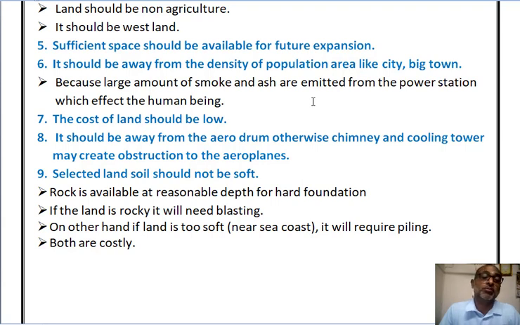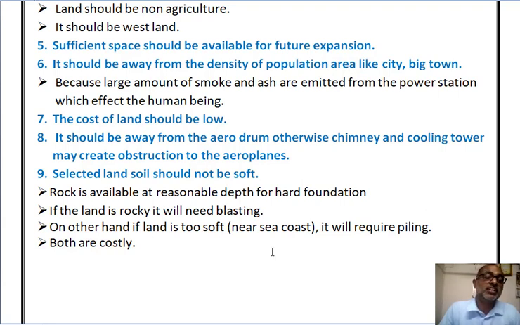It is also most important, because sufficient rock should be available at a reasonable depth for the hard foundation. If the land is rocky, it will require blasting. On the other hand, if the land is too soft, like land which is available nearer to the sea, which is soft in nature, then in this type of land it will require piling.